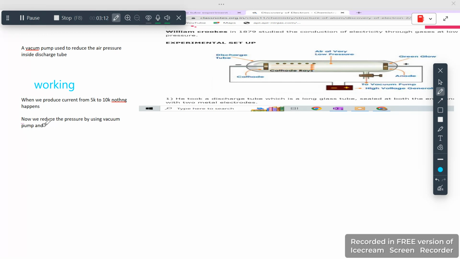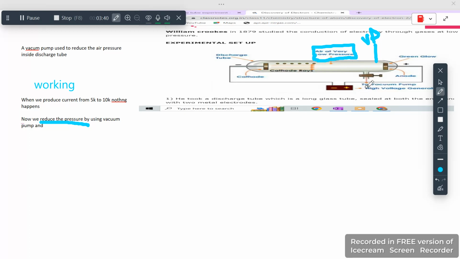Now we reduce the pressure inside it, here written as air to very low pressure. This means even if it's low, we are still reducing more pressure into it by using the vacuum pump on this structure. Suppose we have the vacuum pump here. Now we have reduced the pressure inside it.